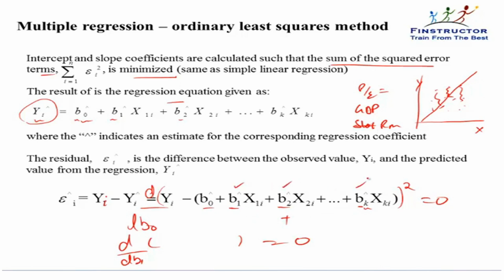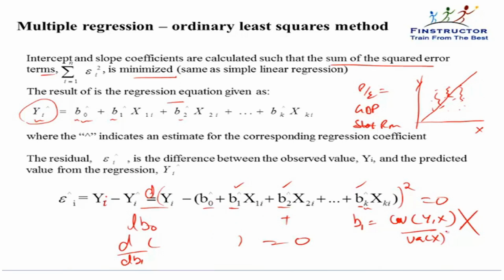We did the same exercise during simple regression, that is during the previous session, wherein the coefficient calculation came out to be the covariance of the dependent variable with the independent variable upon the variance of the independent variable. Please note that in multiple regression, the coefficient calculation is not that simple, and the solution of this equation does not come out to be such a simple calculation.